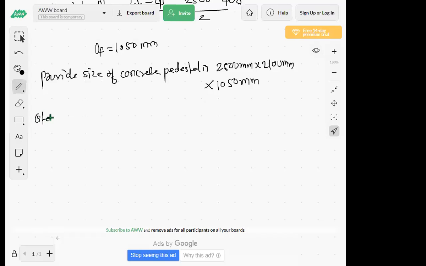And now last step, that is step number 8, design of welded joint for column and base plate.